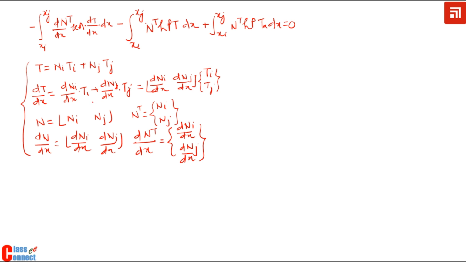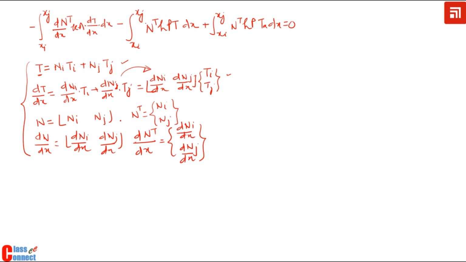These are our general expressions that we will be using throughout the FEM formulation of 2D and 3D, whether it is a stress analysis problem, field problem, CFD problem, heat transfer problem, any kind of problem. So we should always remember these relations, and they are not very difficult, because T is the field variable, Ni Ti, that we assumed in the beginning, and these are the differentiations, and this is how we can write them in matrix form.